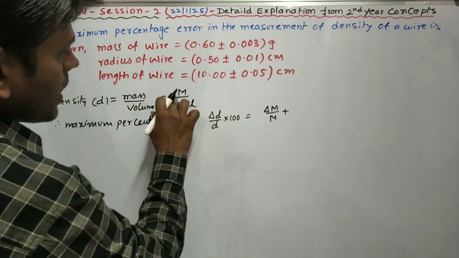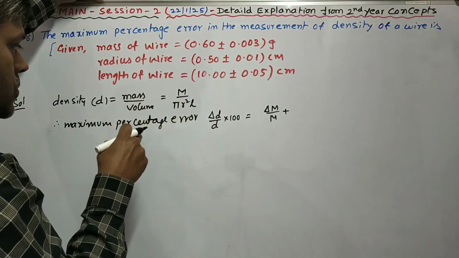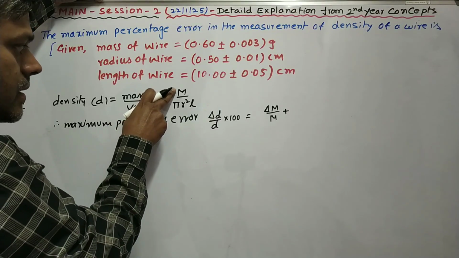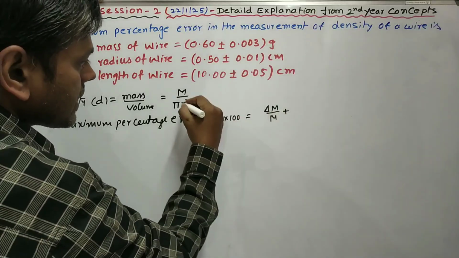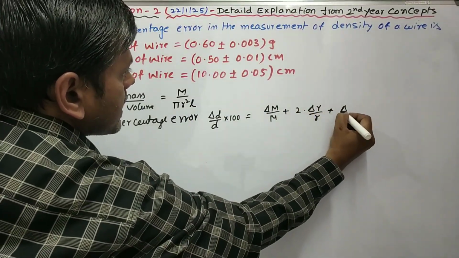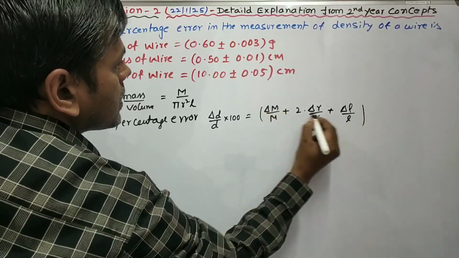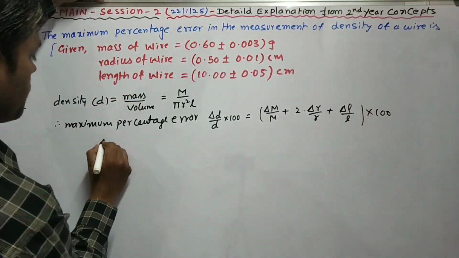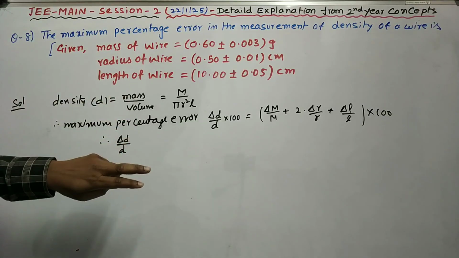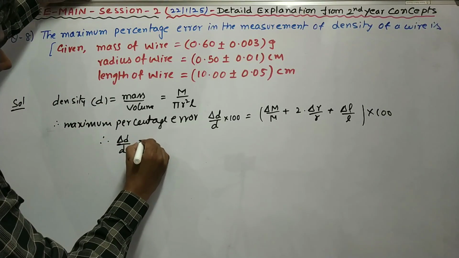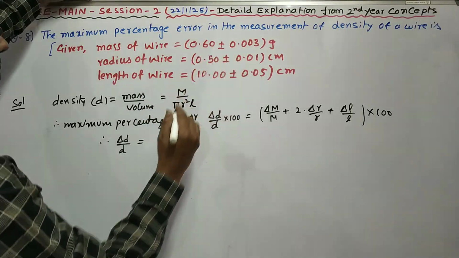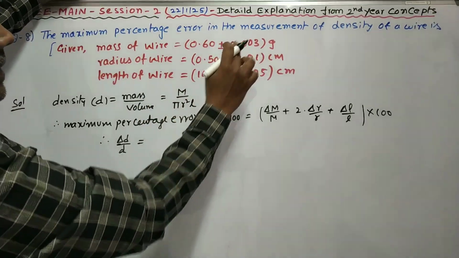So the maximum percentage density error depends on all the variables: delta M by M plus 2 into delta r by r plus delta L by L, into 100. Therefore, delta D by D is equal to, what is delta M? Delta M is the mass of the wire.